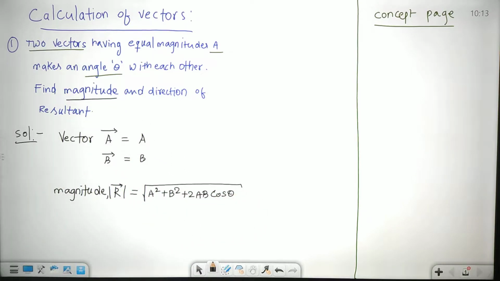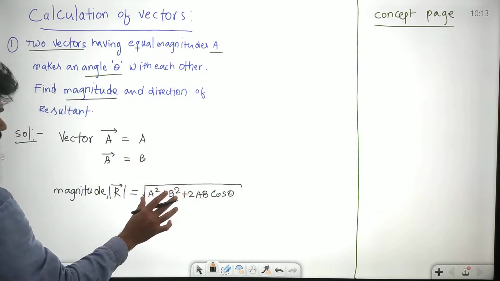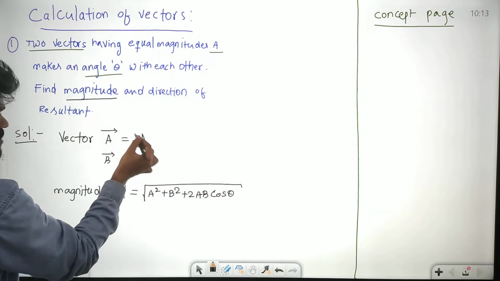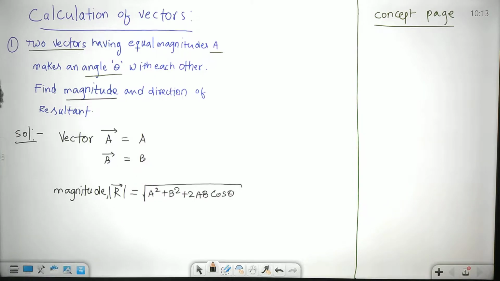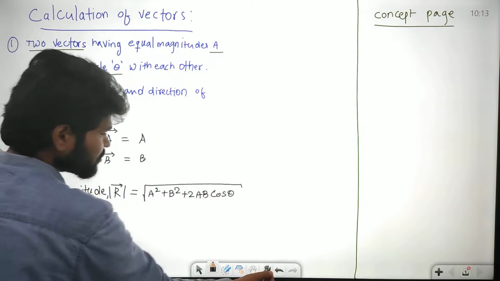Don't forget. Now nothing to worry, take the values of magnitudes a and b and substitute.